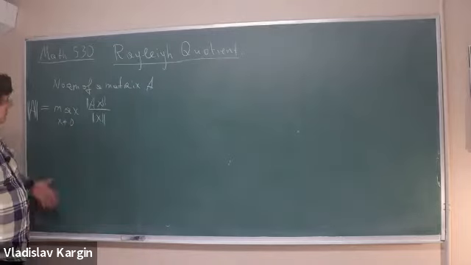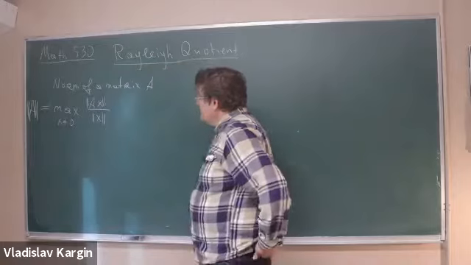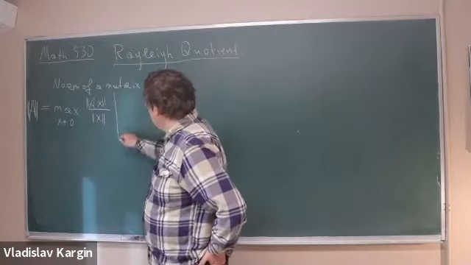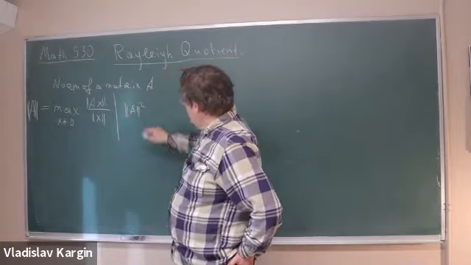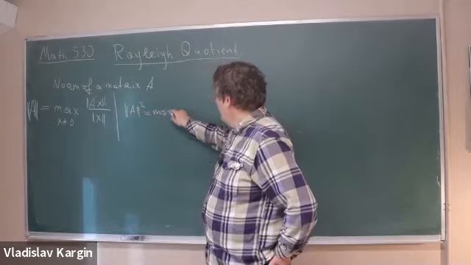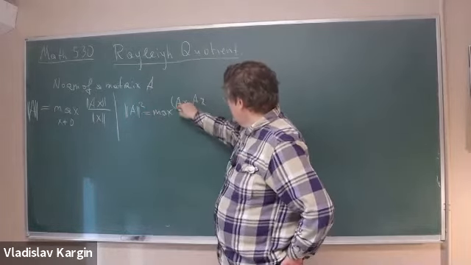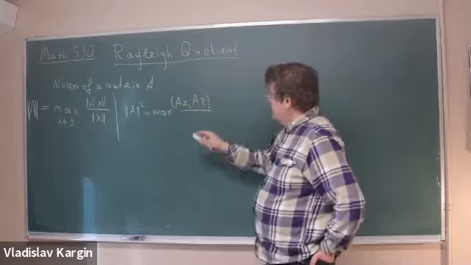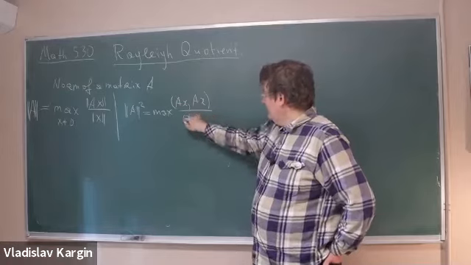So this was a definition, and you could also write it with the square of the norm, equal to the maximum of Ax squared over x squared. Now you can write it using the scalar product, the dot product, and form this ratio.